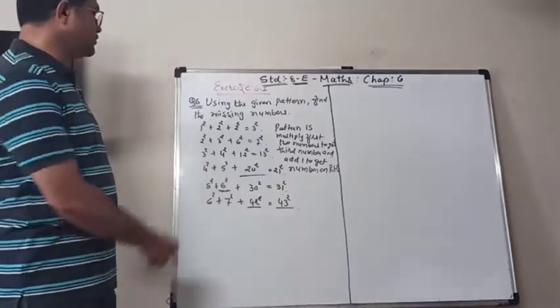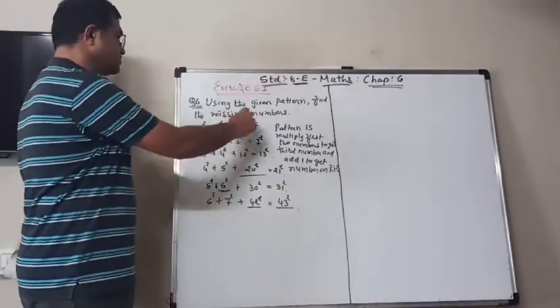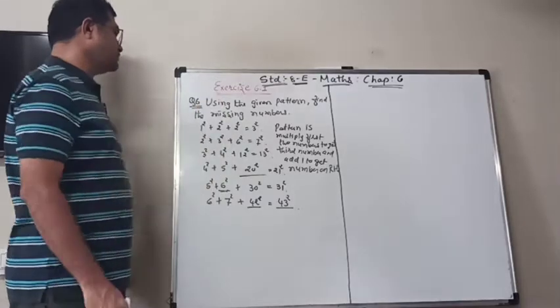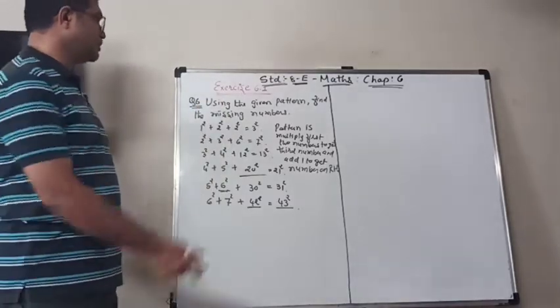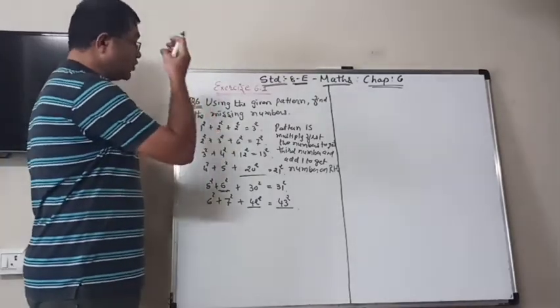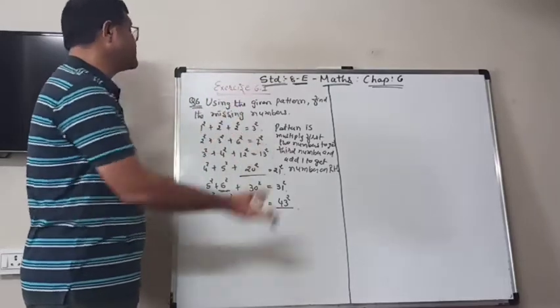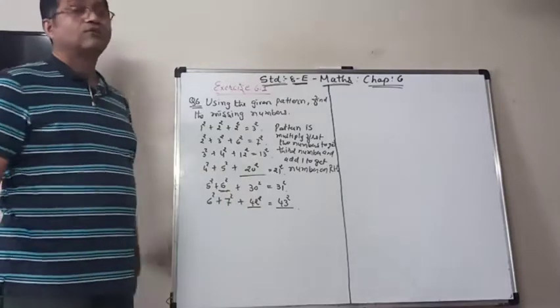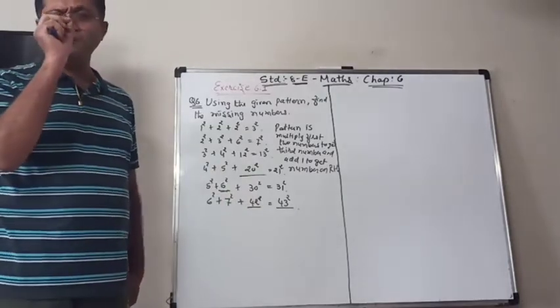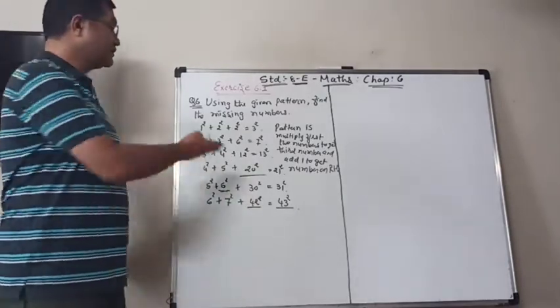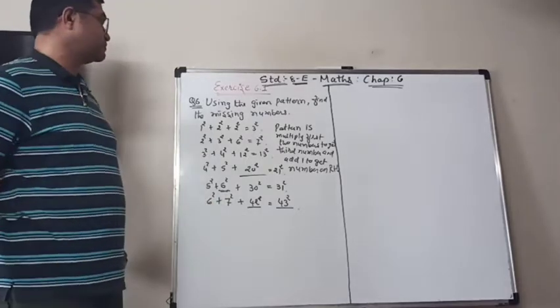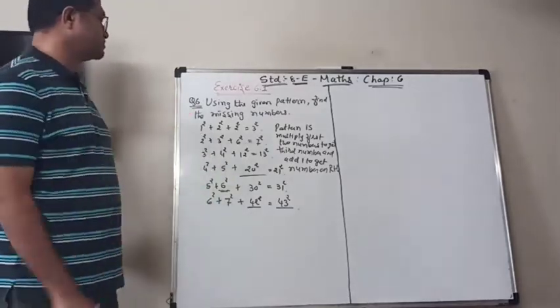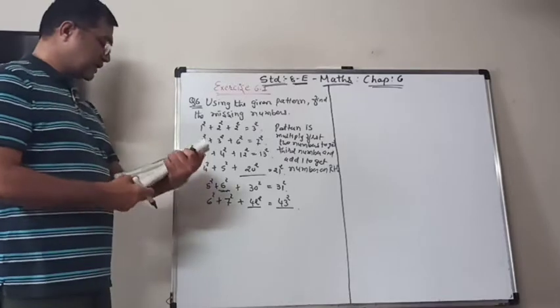If you watch the first 3 examples of the pattern given, but if you don't understand how the numbers are there, then you won't be able to find the answer. So you have to observe them very carefully, what the relationships are between those numbers, so that we can get the number.